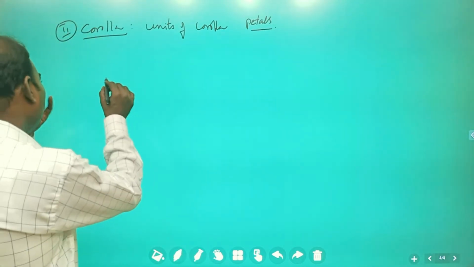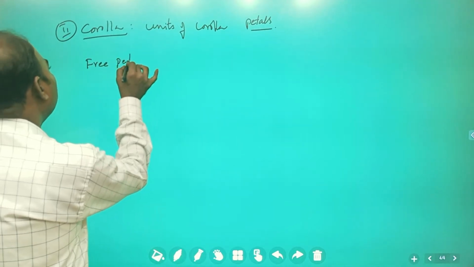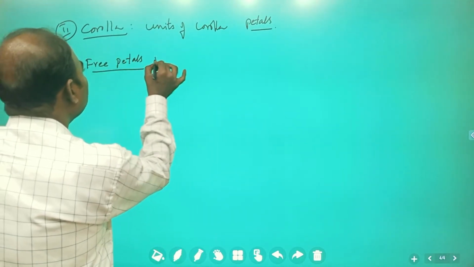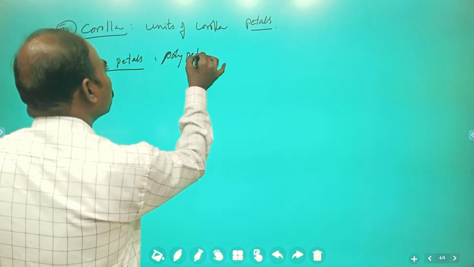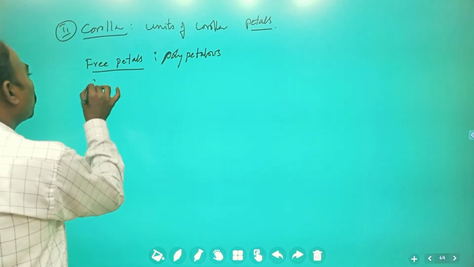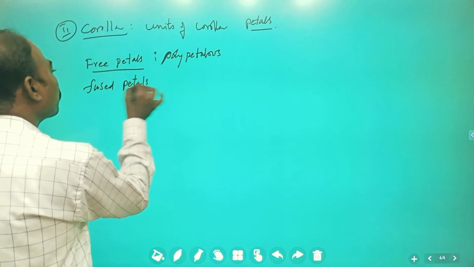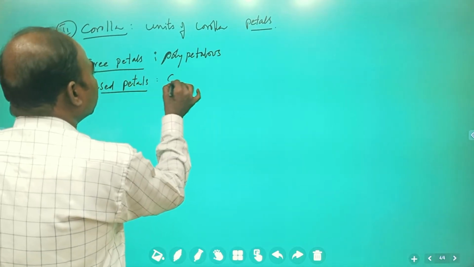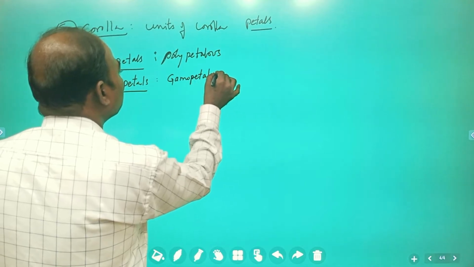The petals may also be united or free. Suppose free petals are there, they are said to be polypetalous. Suppose fused petals are found, they are said to be gamopetalous.